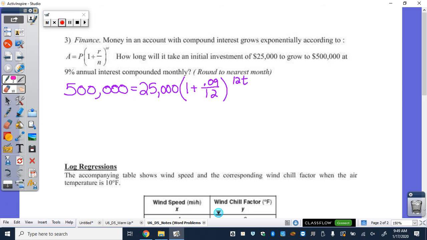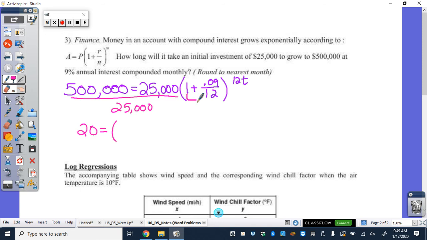So to solve, what would be our first thing to do? Divide by 25,000. So what is 500,000 divided by 25,000? I heard a couple people say 20. That one I won't leave as a fraction because it divides nicely. It gives me 20.